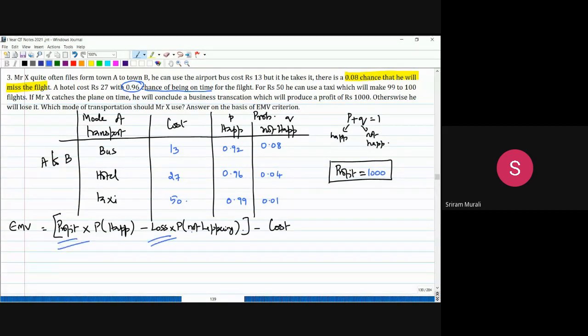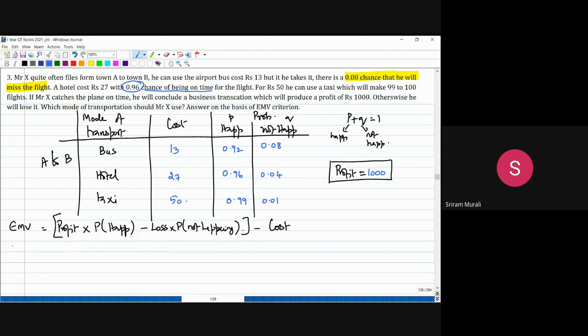Profit as well as loss minus any expenses. So expected monetary value is based on profit as well as loss. It is something like Laplace's criterion. Profit into occurrence, loss into non-occurrence, but we added there. But here I have to subtract. You know why? Because loss must be subtracted. Also cost must be subtracted from my profit.